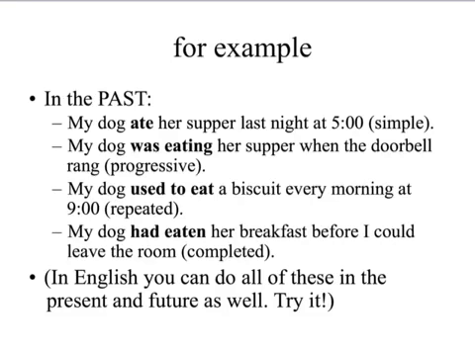Okay, so even though we don't use a couple of those, the repeated action isn't used very much in the present or future. All the rest of them are in English, and the way in which we form them tends to use auxiliary verbs. So was eating, used to eat, had eaten.